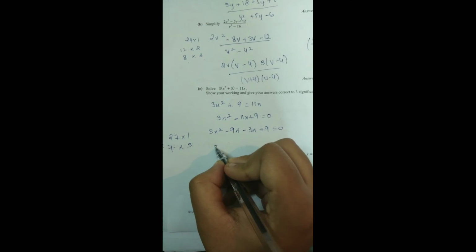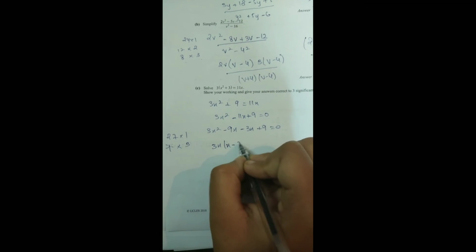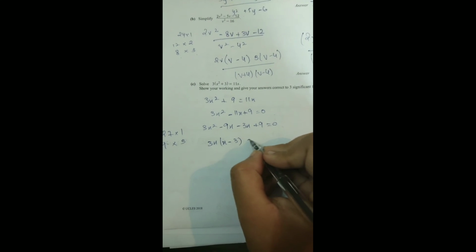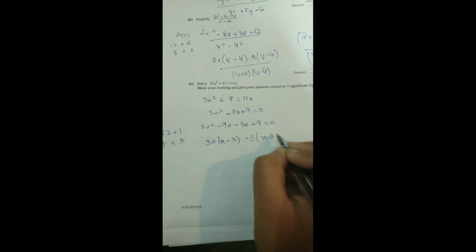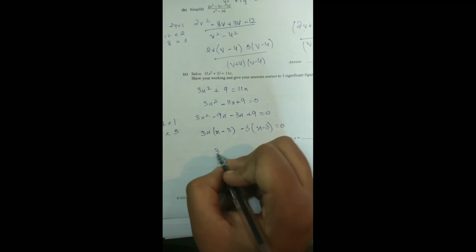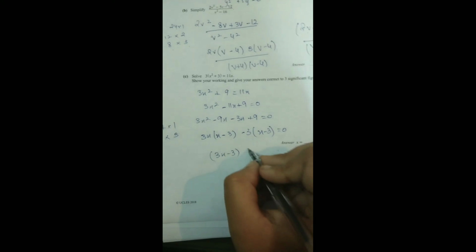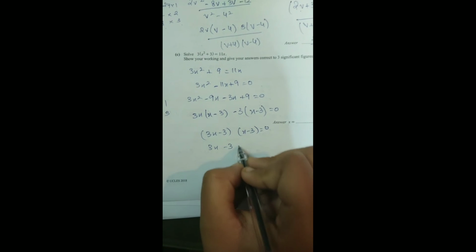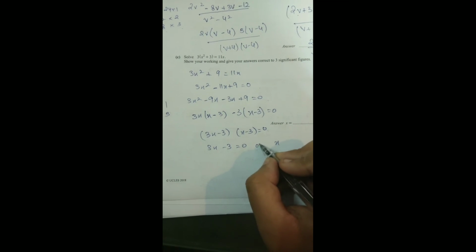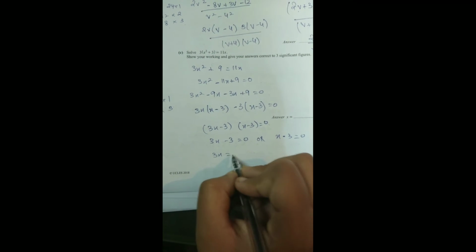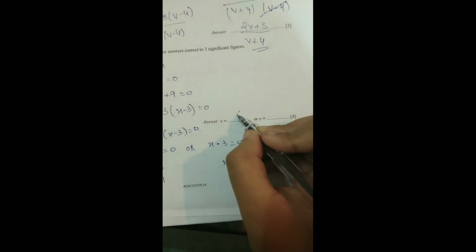Here 3x would be common, x minus 3, and here minus 3 would be common, x minus 3 is equal to 0. 3x minus 3 into x minus 3 is equal to 0. 3x minus 3 is equal to 0, or x minus 3 is equal to 0. 3x is equal to 3 and x is equal to 1, or x is equal to 3. So these are the two values of x, 1 and 3. Got it?